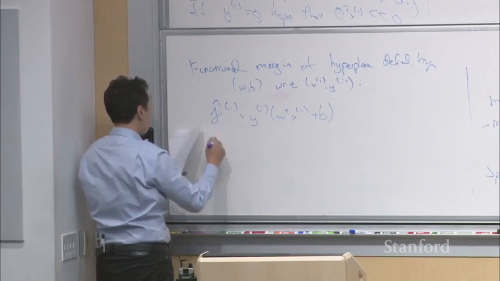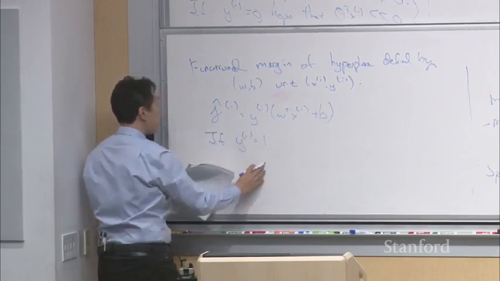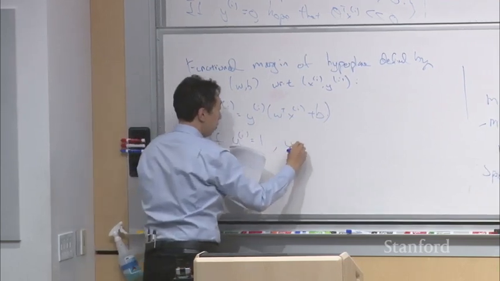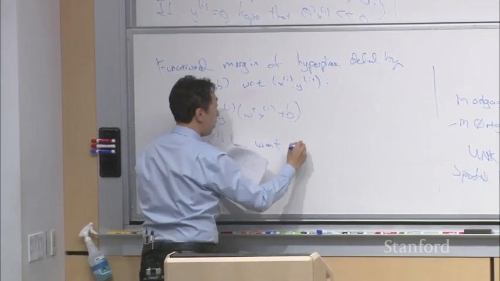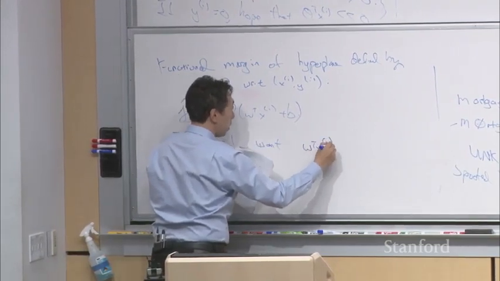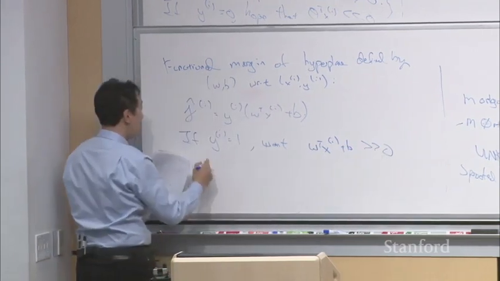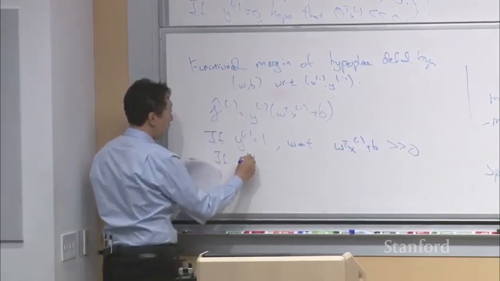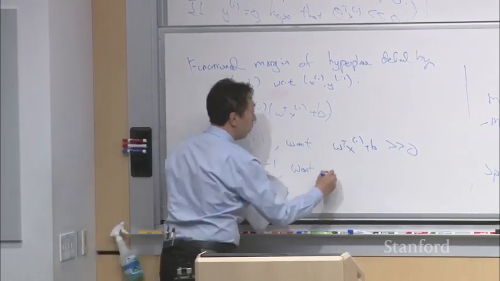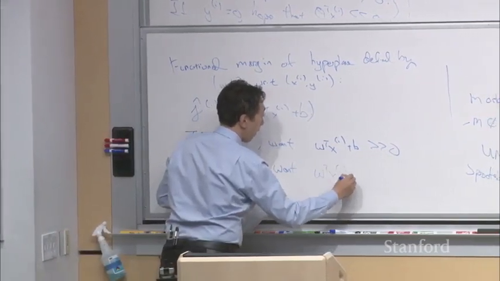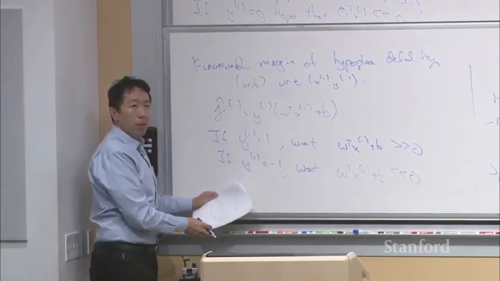And so if y_i equals 1, then what we hope for is that W transpose x_i plus b is much greater than 0. And if the label is equal to -1, then we hope that this is much smaller than 0.